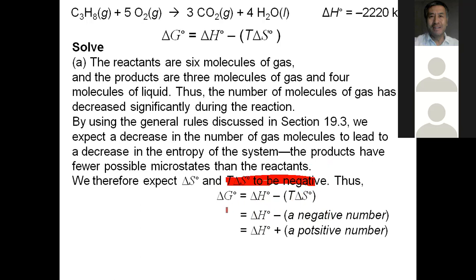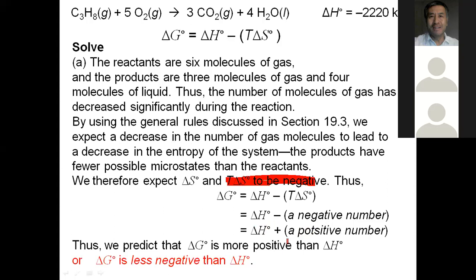So now it's clear. You compare delta G with delta H: you take delta H, whatever number it has, and then you add a positive number. So that will become more positive or less negative. That's how we predict and compare delta H with delta G.